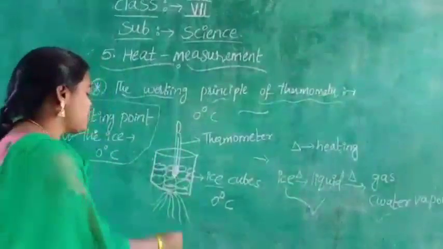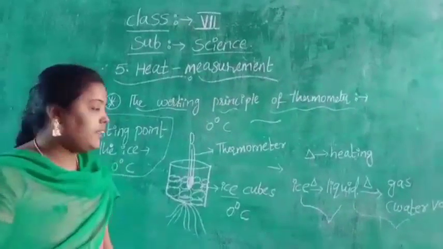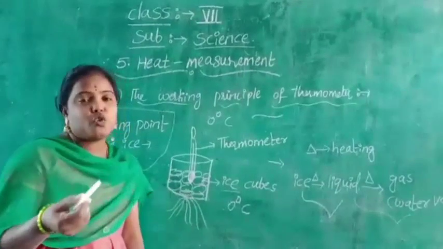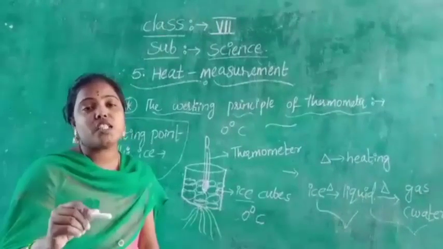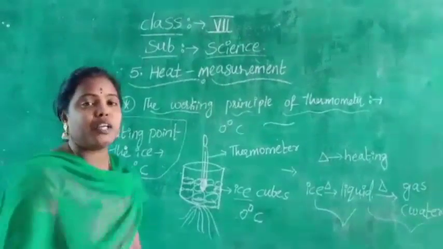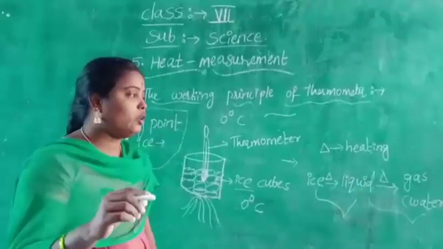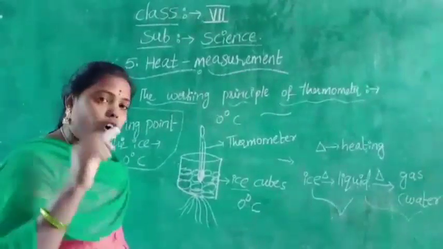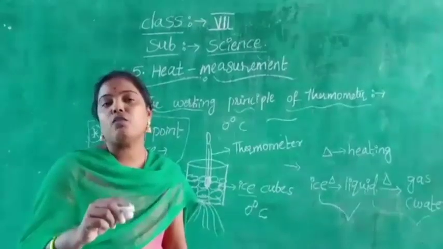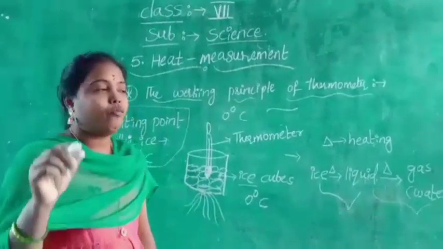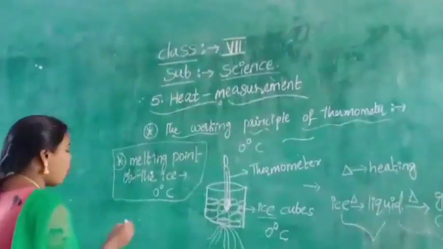First the ice completely melts and is converted into a liquid. The liquid gains some temperature, and at a certain point the liquid is converted into vapor. Children, do you understand? The point at which the liquid starts boiling and is converted into water vapor is called the boiling point.